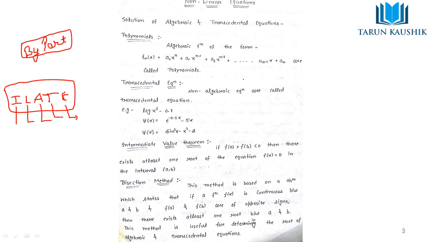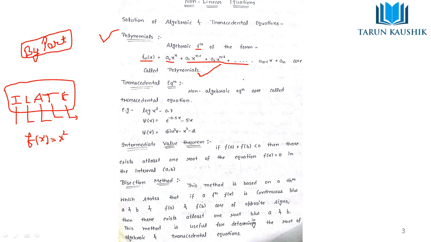So an algebraic function means a function in the form of f of x, a polynomial function, like f of x equals x square or x cube, any polynomial. An algebraic function is of the form f(x) equals a naught x raised to a power and so on.